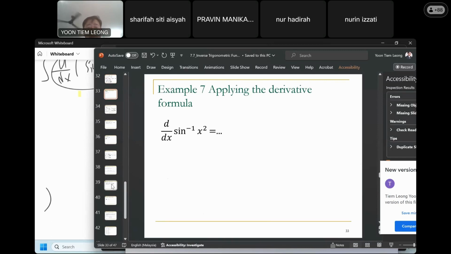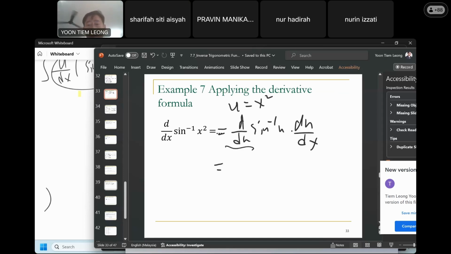Then this is example 7 that shows you how to take the derivative of arcsine of x squared. You just apply the chain rule where you call x squared by u. So this is the same as d/du of arcsine of u times du/dx. This is the chain rule that could be applied. So d/du of arcsine of u has already been calculated earlier on, it is just this result.